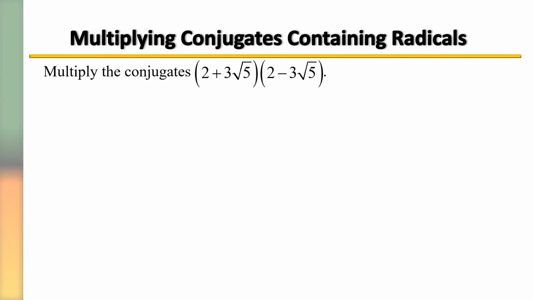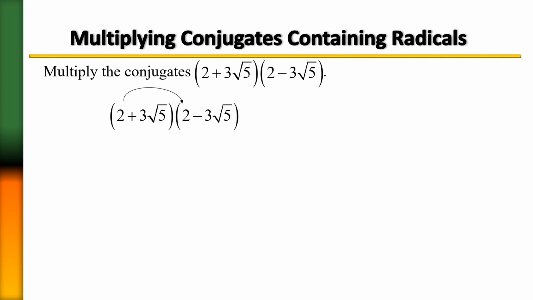Here we're going to multiply another set of conjugates. All we need to do is do the F and the L. So multiplying first, 2 times 2 equals 4. Last, multiplying the outer, positive 3 times negative 3 is going to give me negative 9 on the outside. Multiplying inside the radicands, 5 times 5 is 25, so you'll have square root of 25.